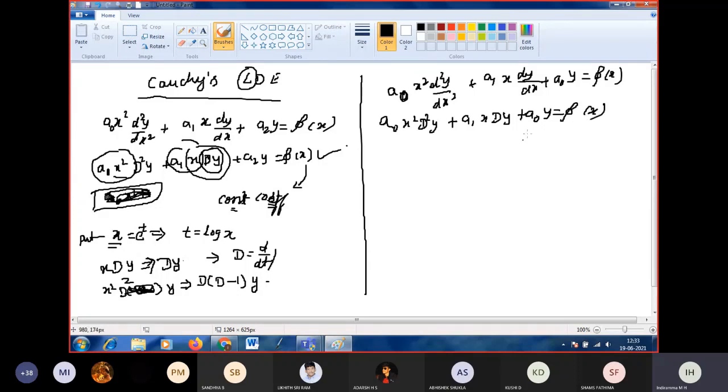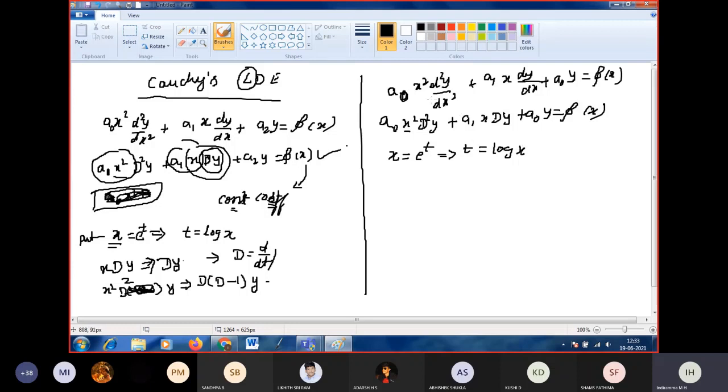Since we have variable coefficients, we reduce this to constant coefficients by taking the substitution x equal to e power t. This implies t is equal to log x.